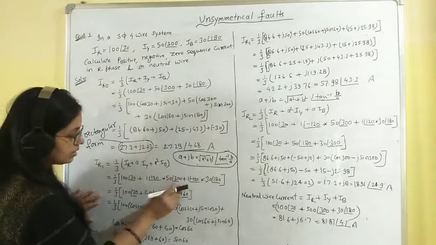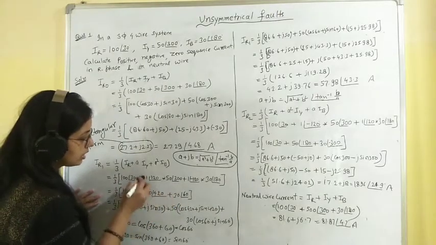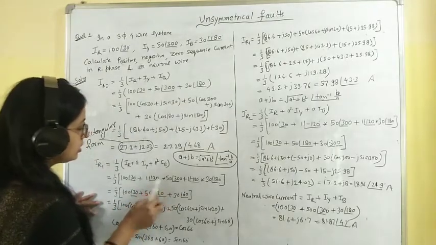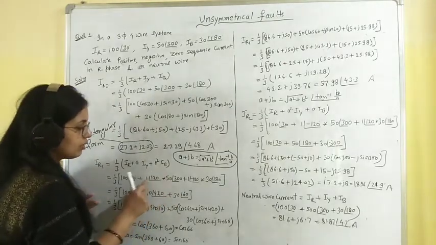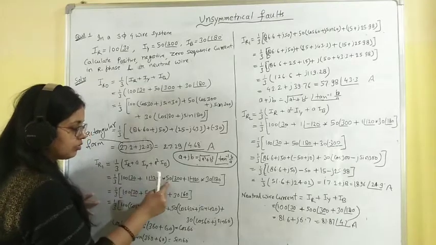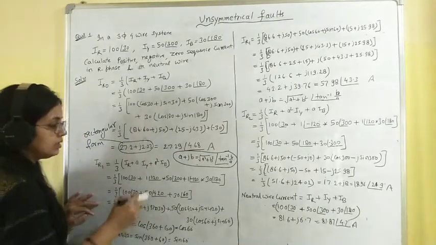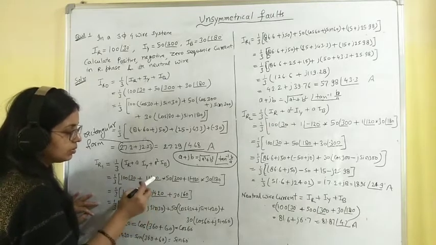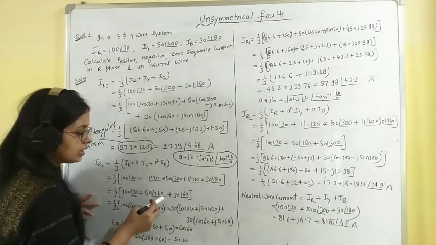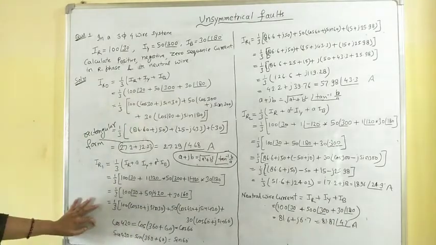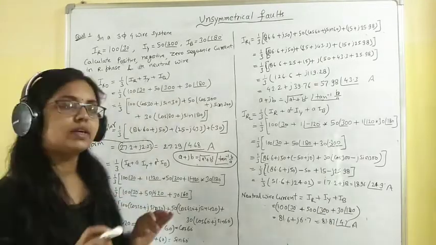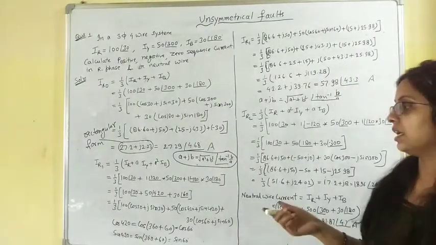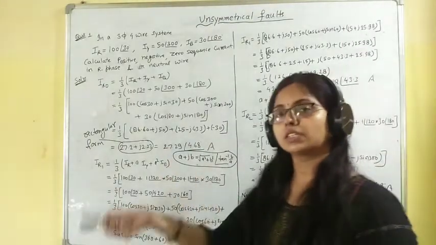How are polar quantities multiplied? When we multiply two polar quantities, the magnitudes are multiplied, so 1 angle times 50 will be 50, and the angles are added, so here the angle will be 120 plus 300, that is 420. Now 420 is basically 360 plus 60 degree.